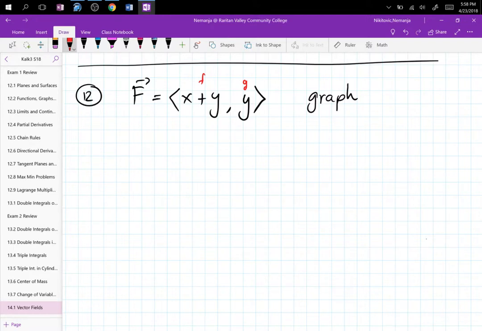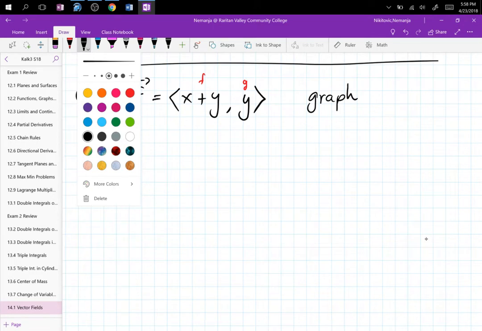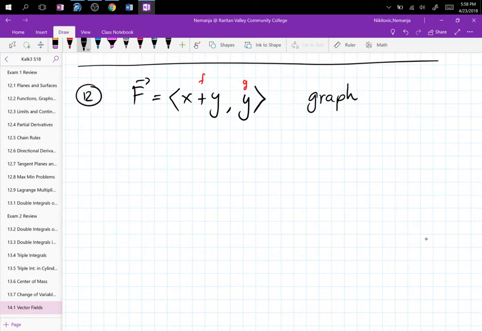I hope you see that this function will generate a 2D vector because I only have 2 components, f and g. So your job now is to pick random points in space and plug them in and see which vector you get. Whatever you get, you draw starting at the point you computed.